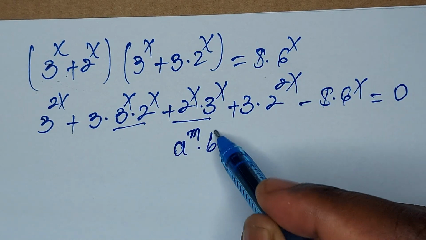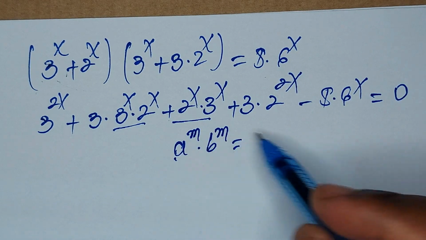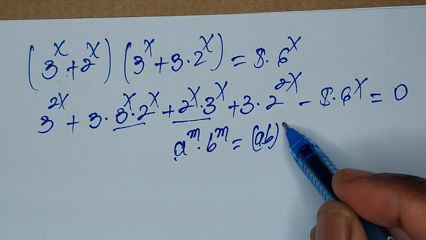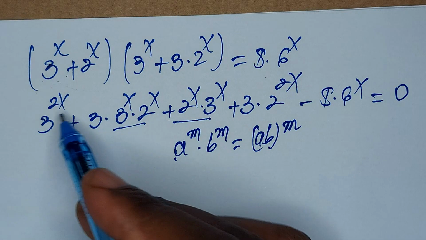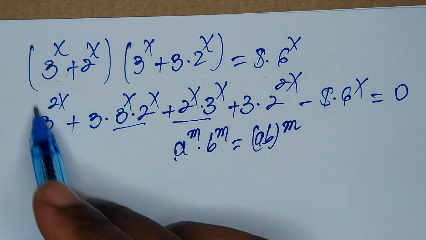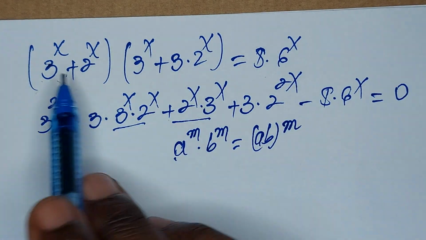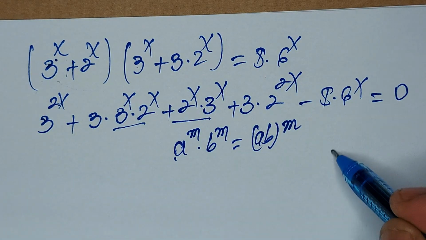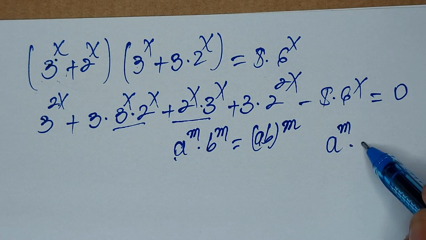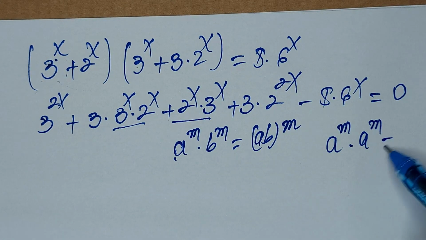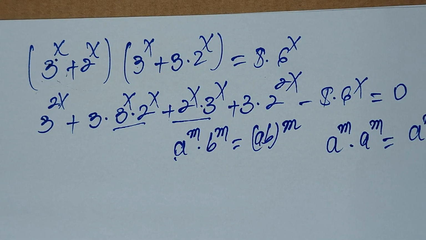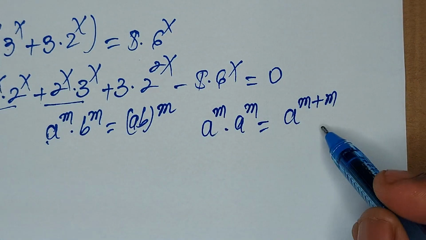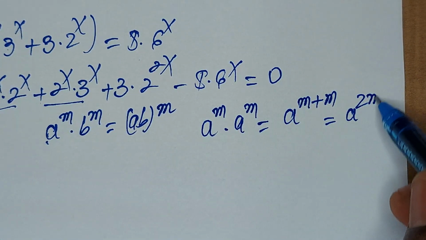So guys, you see this means that when we have a to the power of m times b to the power of m, we have different bases and the same power, so we multiply the bases and keep the power. And 3 to the x times 3 to the x, the property is a to the m times a to the m is a to the m plus m, which equals a to the power 2m.